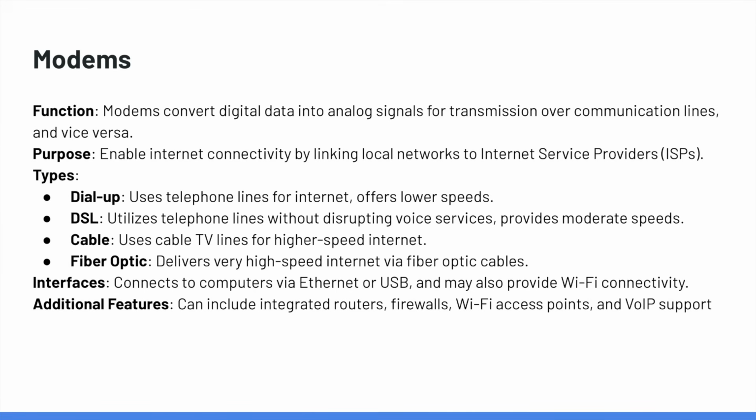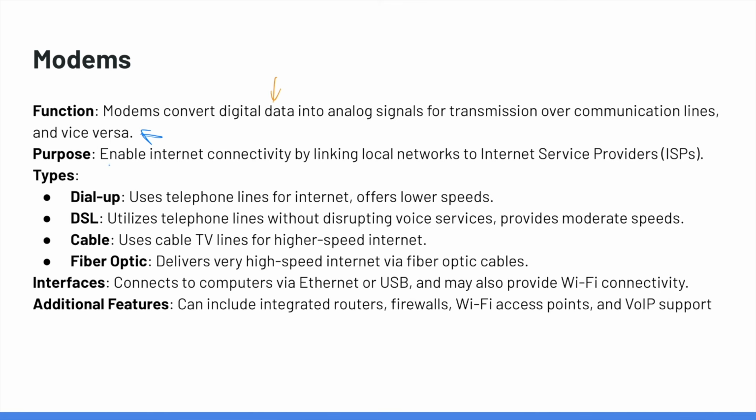So basically they convert digital data into analog signals for transmission over communication lines and vice versa. And if you're using a modem in your home, you're probably getting an analog signal, probably from your cable outlet, and that's being converted into digital data, which can then be used for you to access the internet.